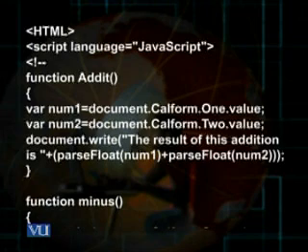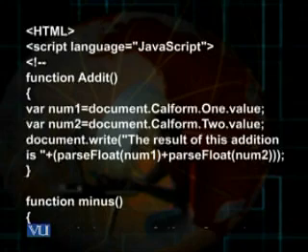Then the resulting addition should be concatenated with the string. So you will notice that on the web page it would be written there, the result of this addition is, whatever the value of the addition would be, displayed.